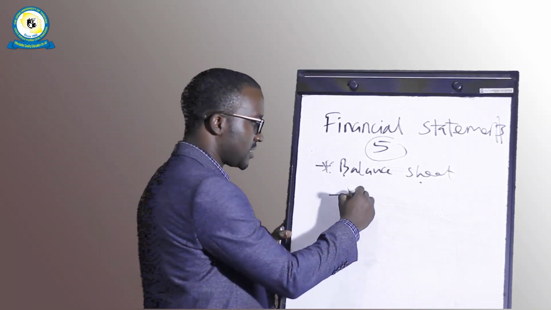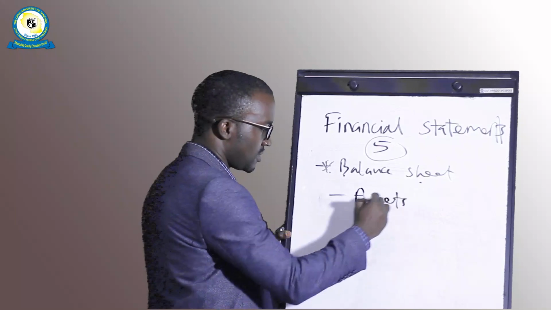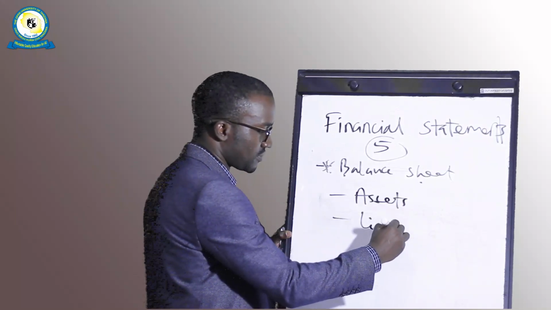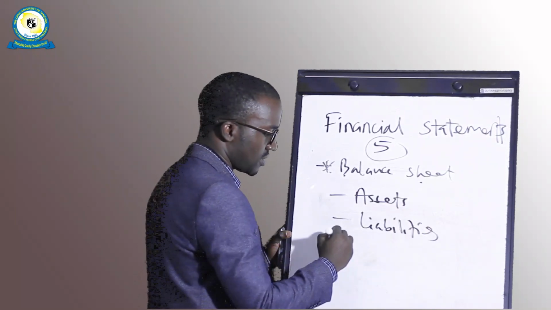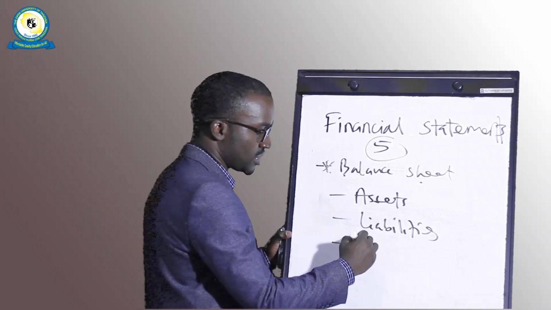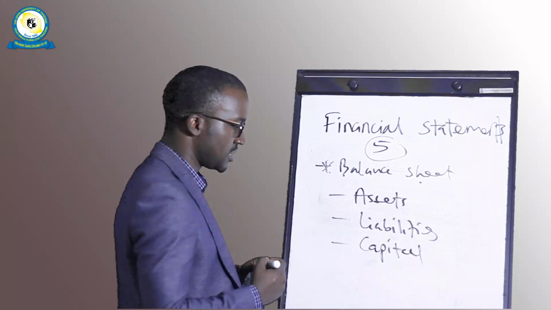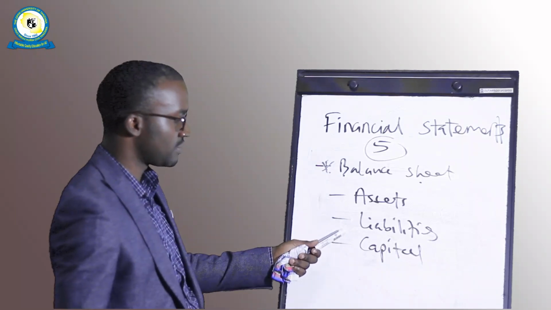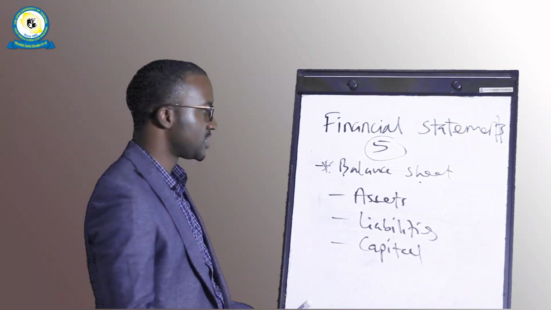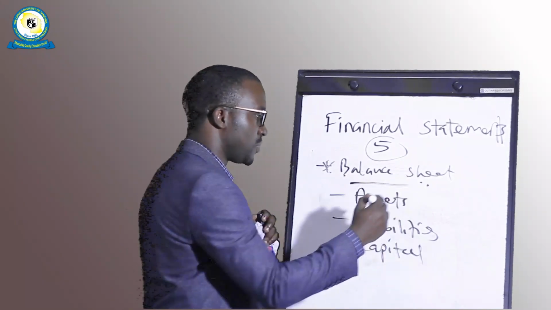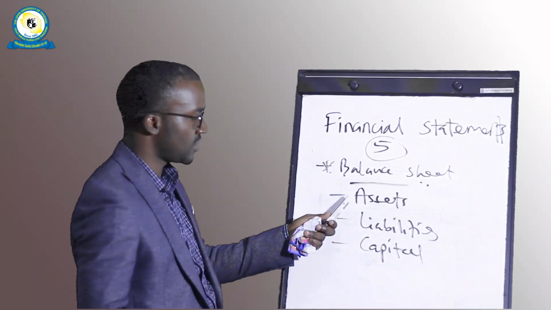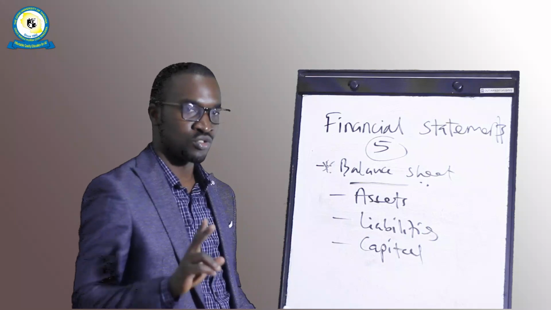You're going to have the assets, then the liabilities, and the owner's equity or the capital. Let me shorten it by saying capital. These are the elements that you expect to get from the balance sheet. Now, assets have been categorized into two groups.